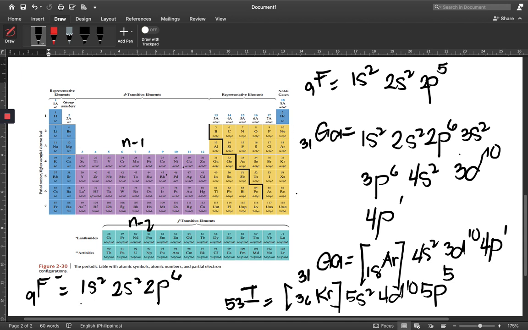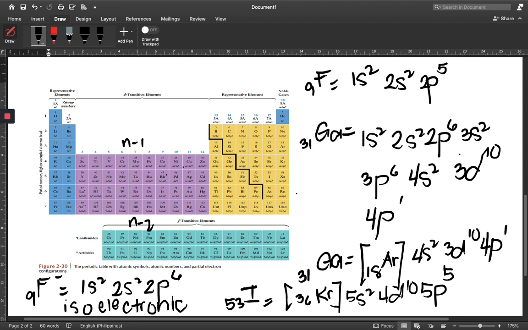If that happens, we say that the fluorine ion, F minus, is isoelectronic, the same number of electrons, isoelectronic with neon, meaning it has followed the configuration of neon. And that leads to the isoelectronic series.